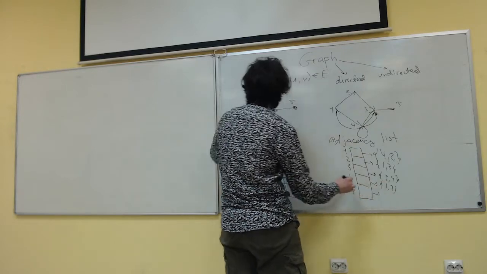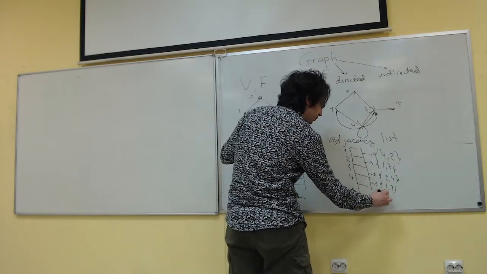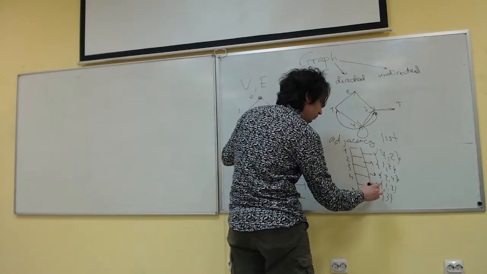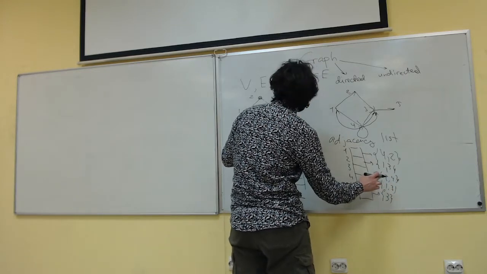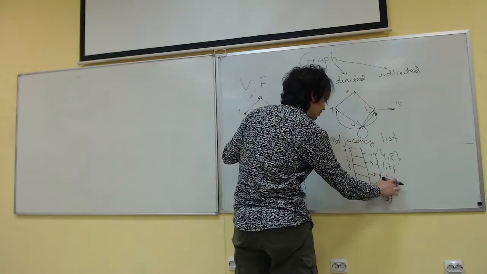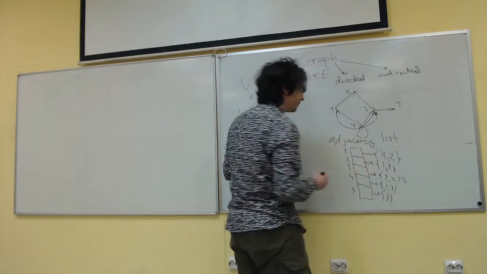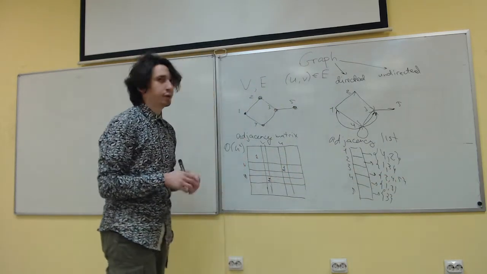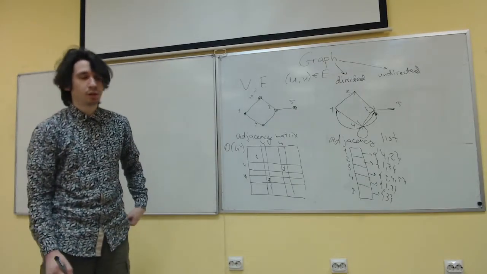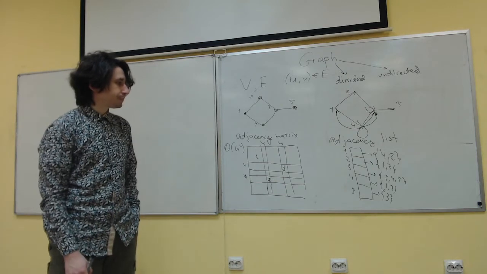And 5 is 3. Oh, 3 is 2, 4, 5. So this is how you typically store the graph.